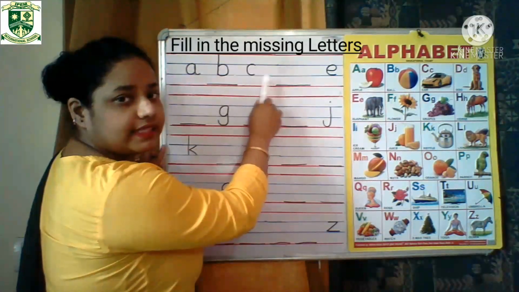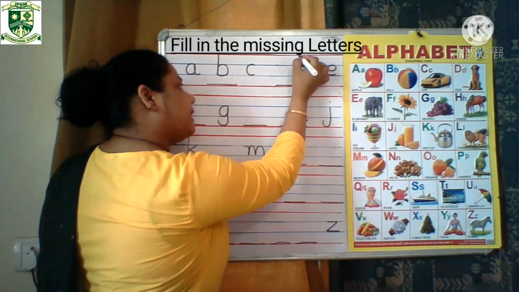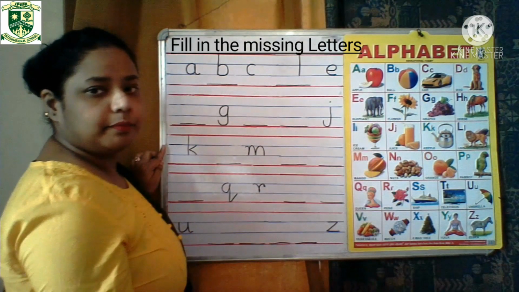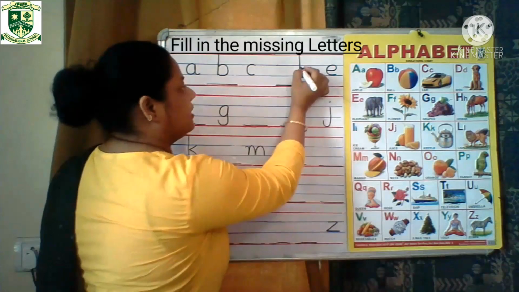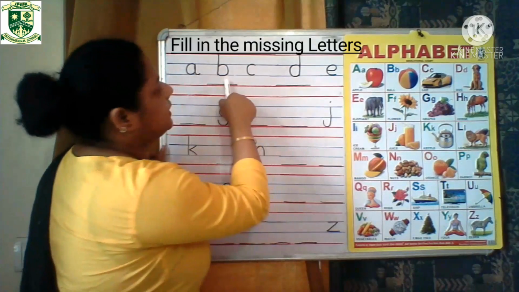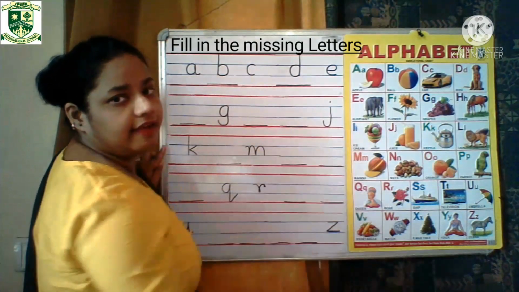What comes after c? Very good. Small d. Again, one standing line from the red line to the second blue line, and then a left curve. Always remember, children, small b has a right curve, small d has a left curve.